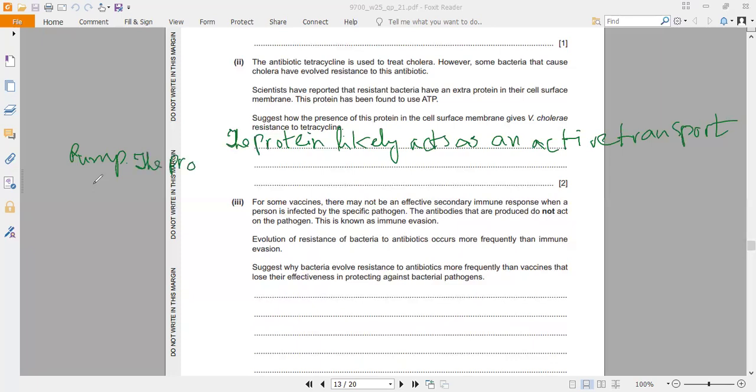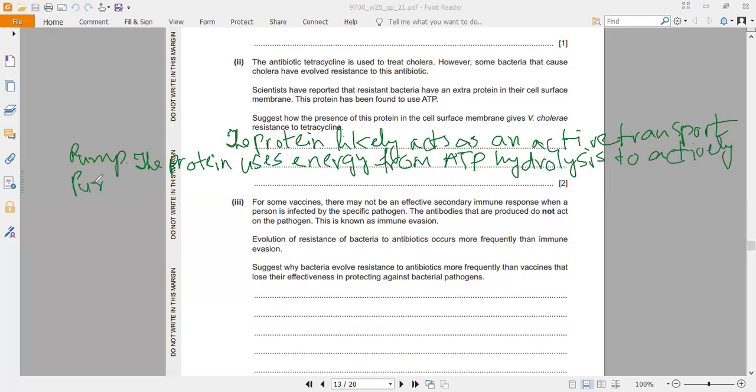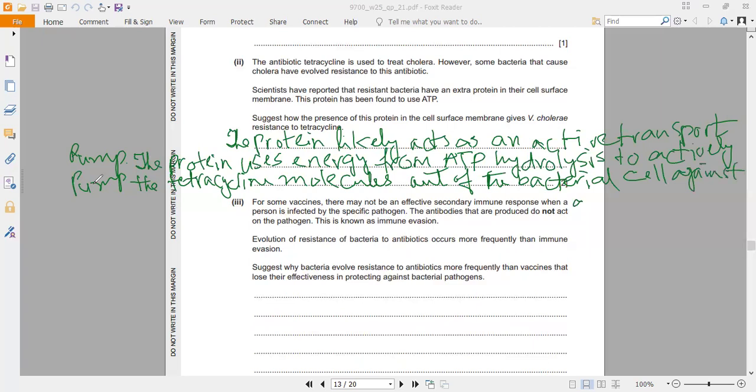The protein uses energy from ATP hydrolysis to actively pump the tetracycline molecules out of the bacterial cell against a concentration gradient.